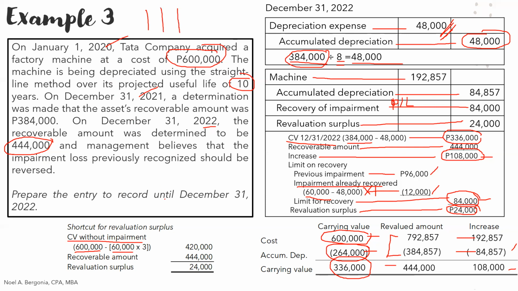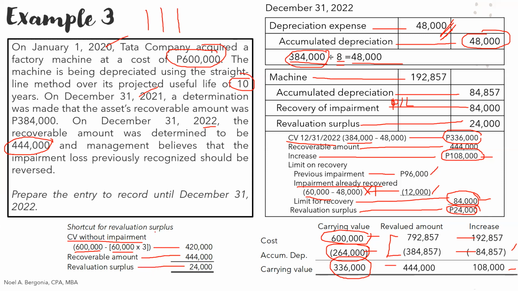So, 3 taon na po yung nakalipas. So, kung sakali man na wala ng impairment revaluation na naganap in between, our carrying value was 420,000. Okay? So, yun yung carrying value without impairment. Just compare it with the recoverable amount given na 444,000. And that would give you the revaluation surplus na 24,000.